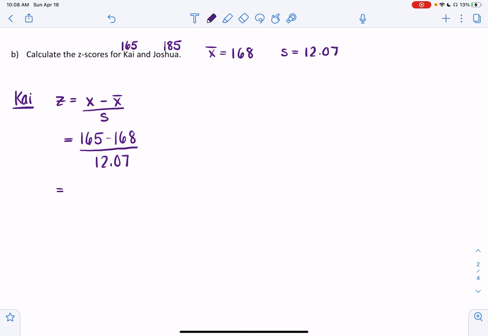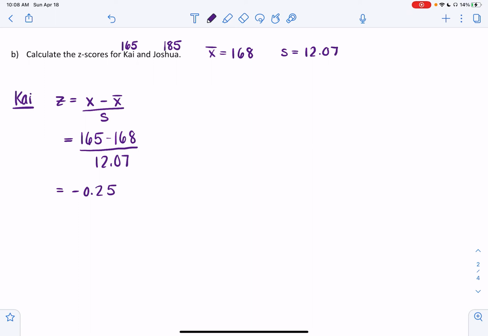You can just quickly put that into your calculator, super fast, and that will give us -0.25. So what this number means is that this data point is below the mean, by a quarter of a standard deviation.